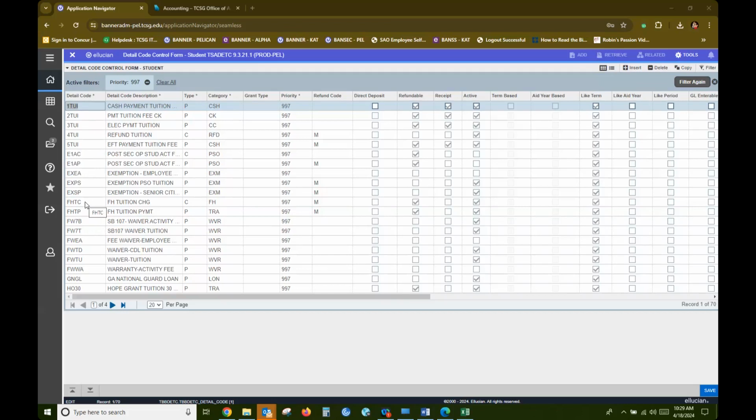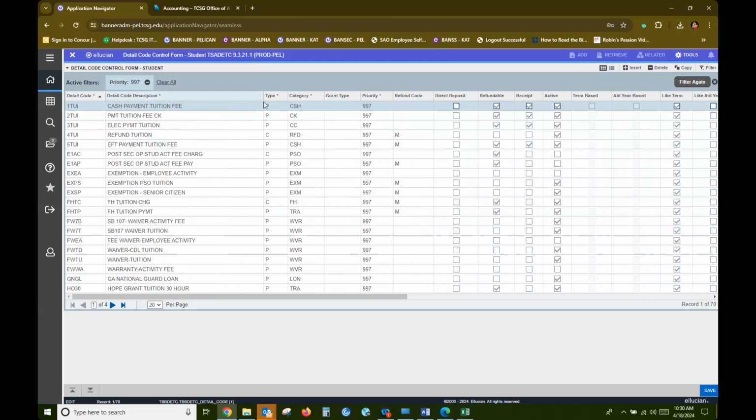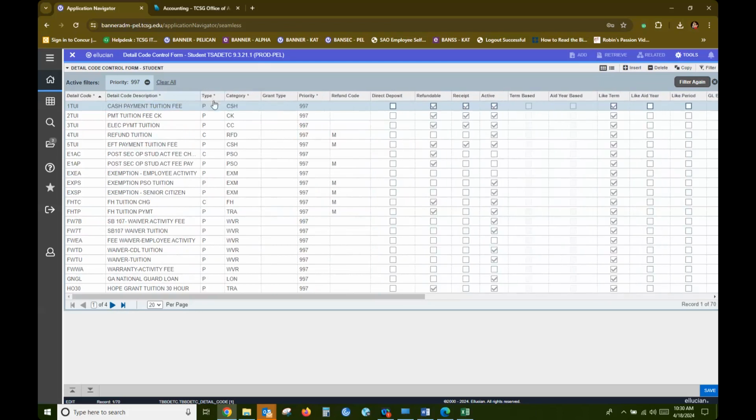It won't let you do that, but you can only have one unique detail code. The detail code description is just that: you're describing what this detail code does. You can sort these too, just like you do all of the other forms, if you click the order, and you can expand columns just like on all of your other forms, so that you can see the full thing.